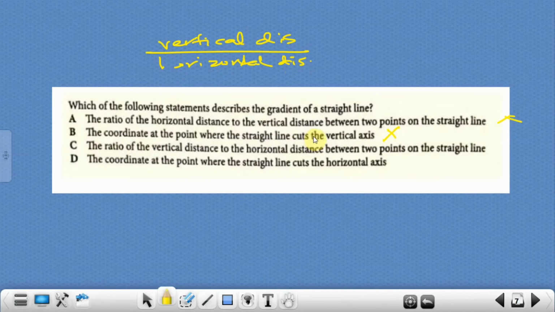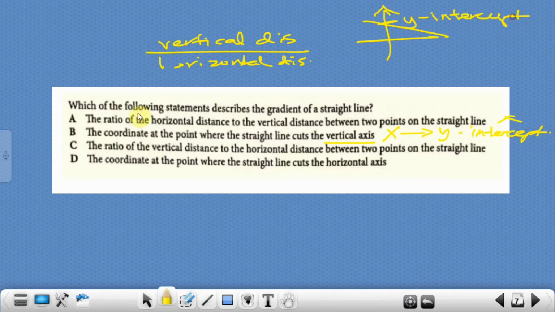No, this is actually what we call the y-intercept, where the line cuts the y-axis. Vertical axis is the y-axis, like this. So it cuts here. This is what we call y-intercept. C: the ratio of the vertical distance to the horizontal distance between 2 points of a straight line. Yes, this is the correct answer. So C is the correct answer.